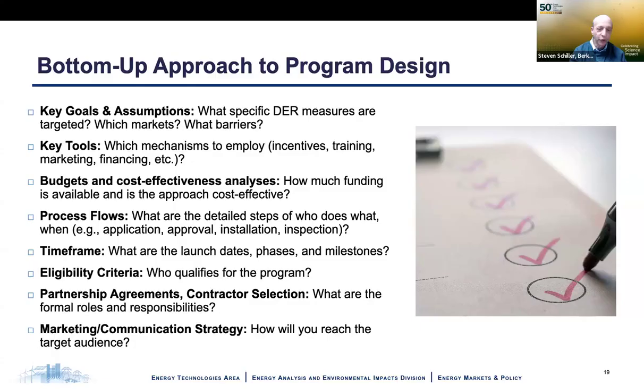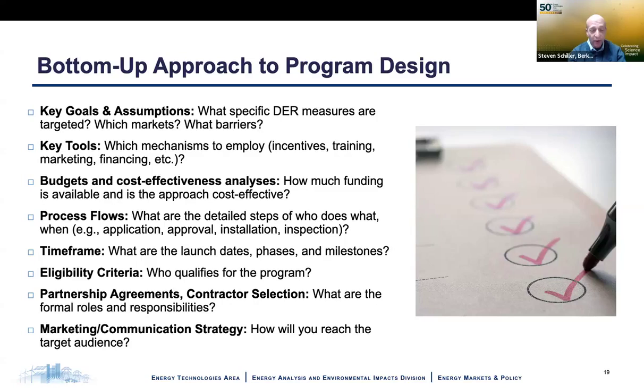Putting together your flow diagrams or whatever way you want to describe the process and the way this is going to work. The applications and approval, the installations, the inspection. Going through those. What time frame are you looking at? What sort of milestones do you want to have for checking in to see if things are performing as expected?